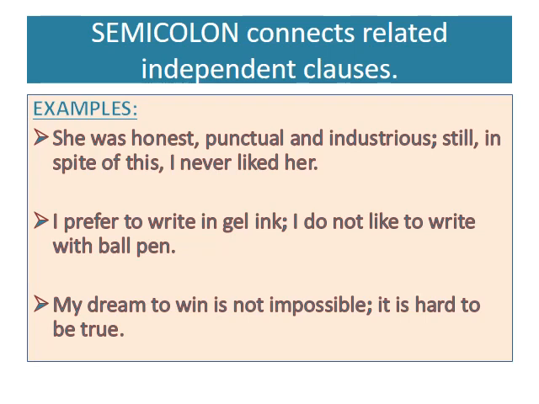Now let's come to the third example. My dream to win is not impossible; it is hard to be true. Again, the same thing is repeated here. The two independent clauses in the sentence are closely related and they are combined by the punctuation mark semicolon.